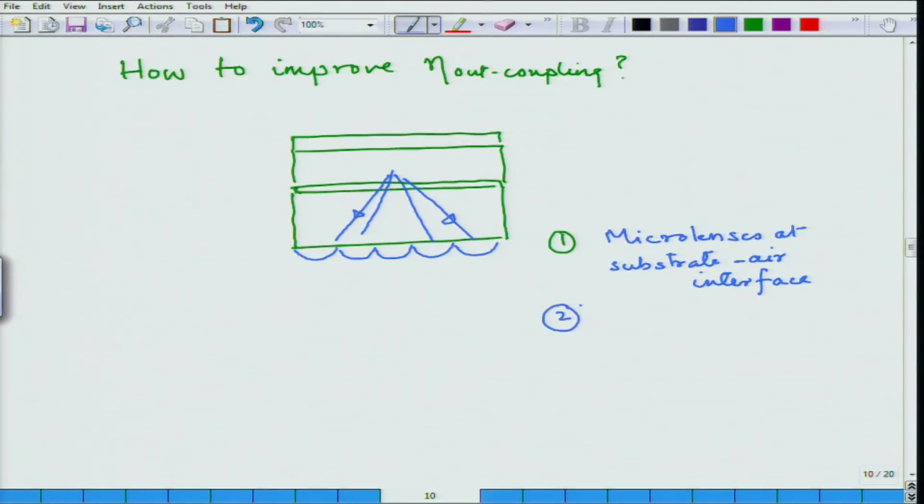One can also improve this problem of the total internal reflection by going to graded refractive index.